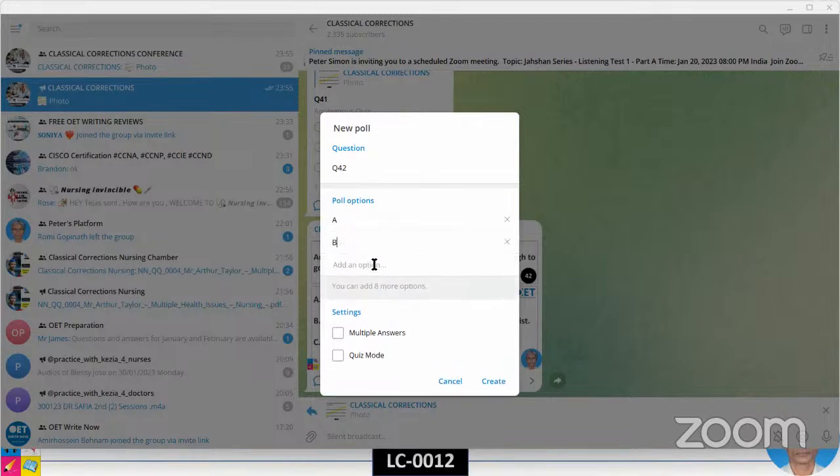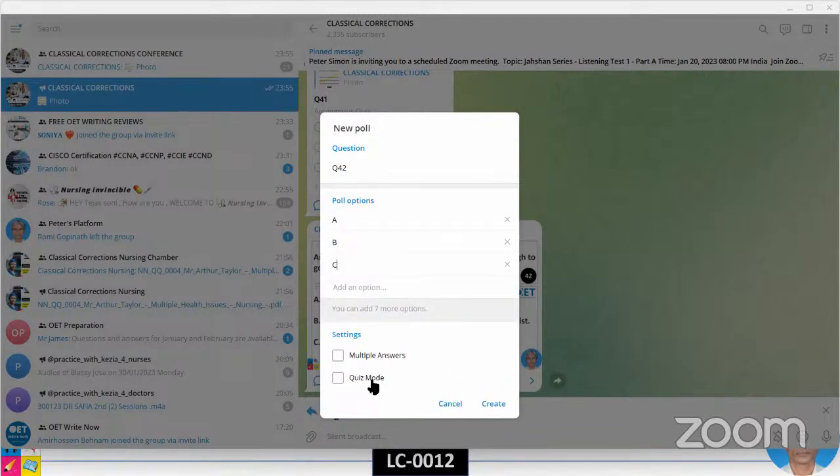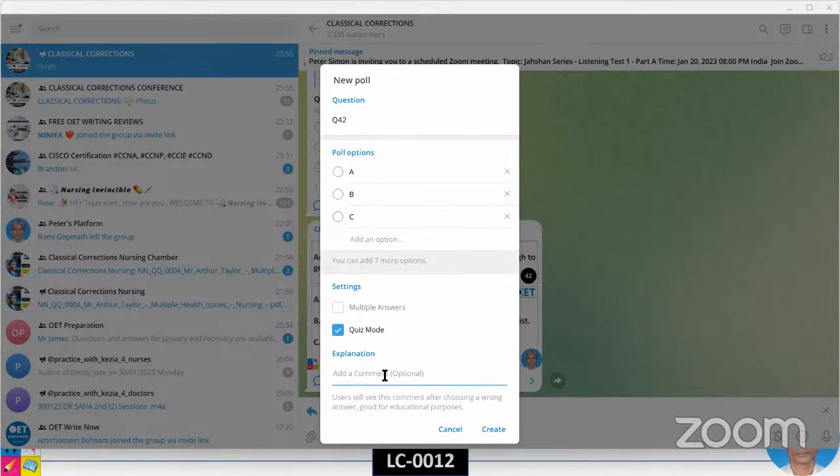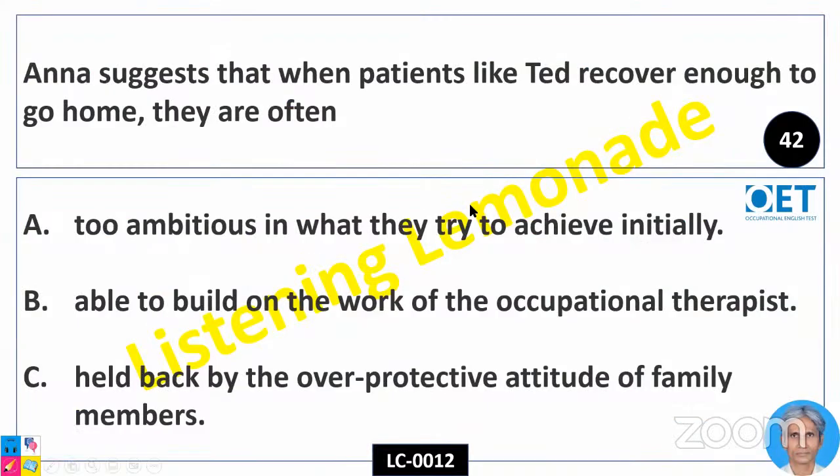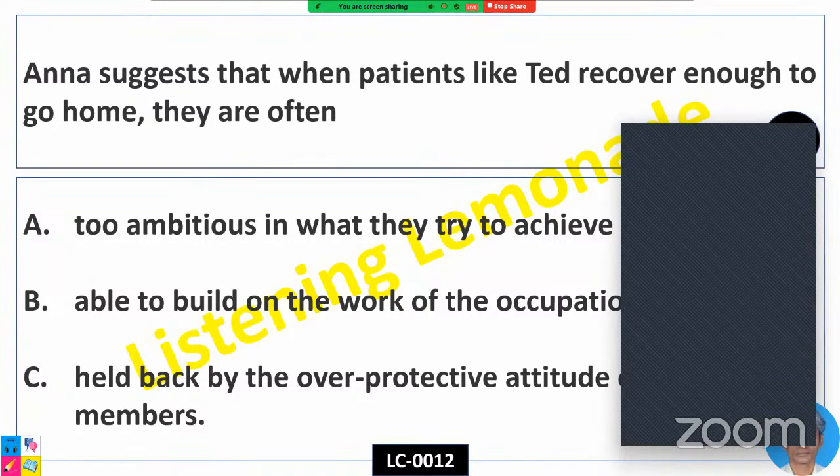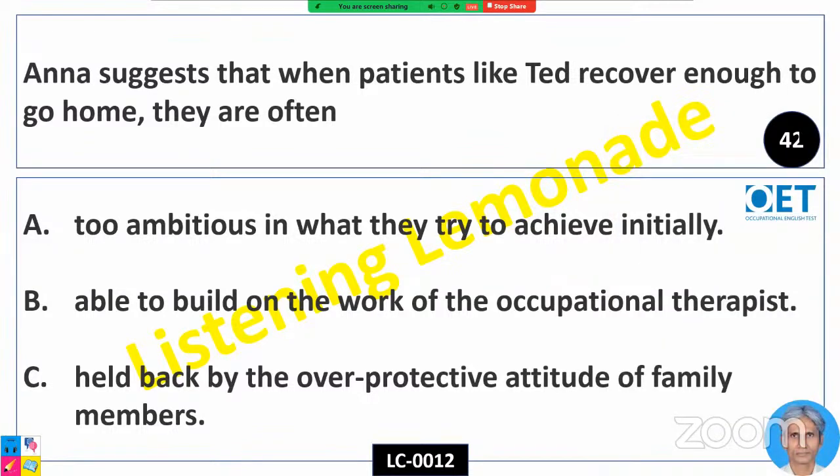A, B, C. Right. So, question 42. Yes, 7, 6, 5, 4, 3, 2, 1, and submit.